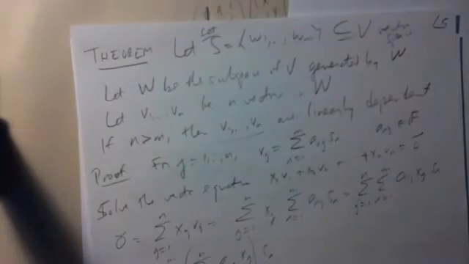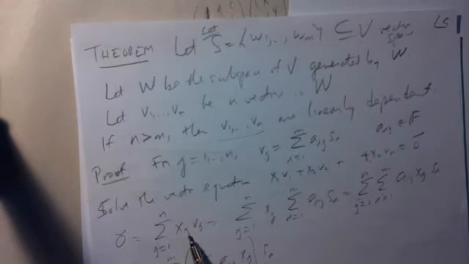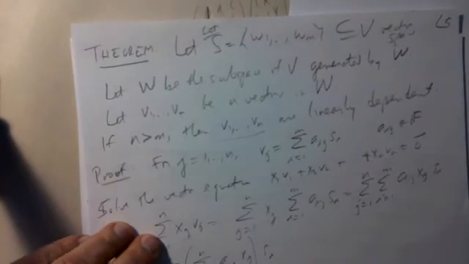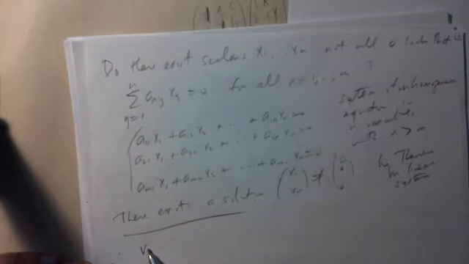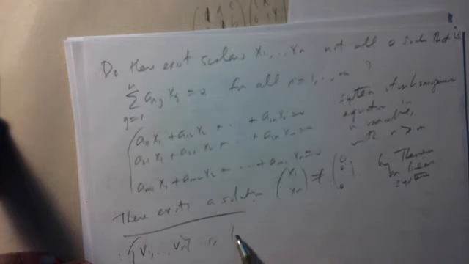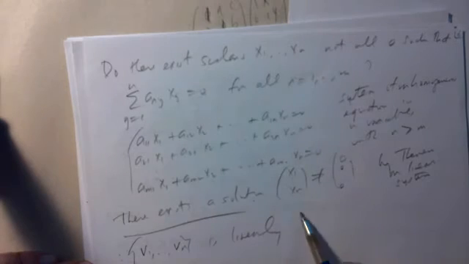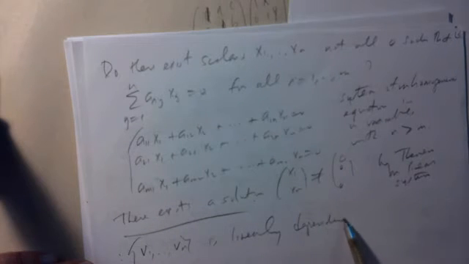So you can have x not all 0, such that this is the 0 vector, which means v1 up to vn are linearly dependent. So this is linearly dependent.